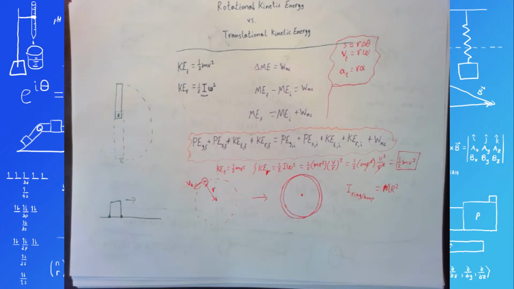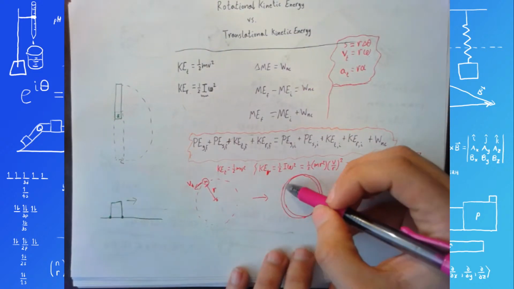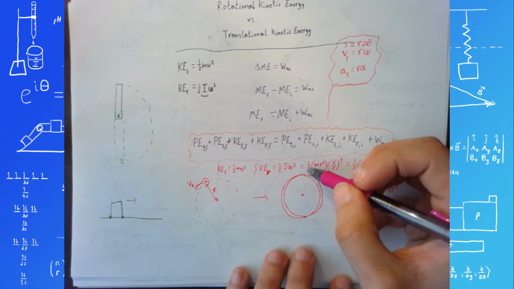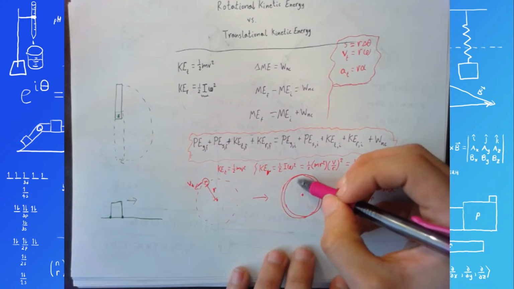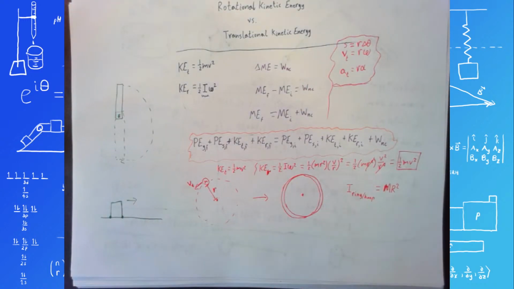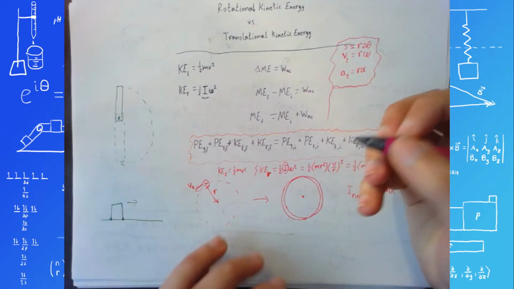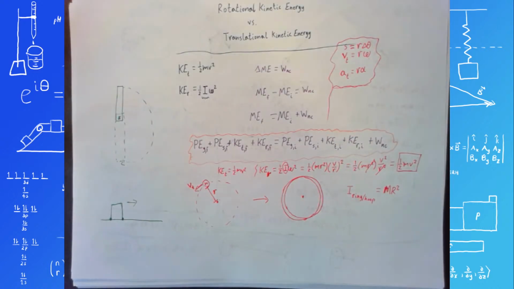I mean, ultimately, rotational kinetic energy is really just chopping the object into little pieces and calculating the translational kinetic energy of each of those pieces and adding them up. And that chopping it into pieces and adding them up is kind of built into this I over here, into the moment of inertia factor.